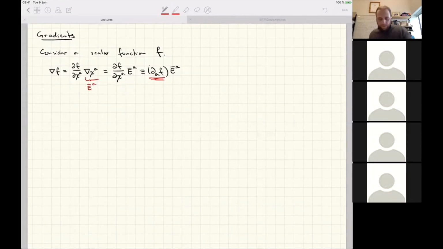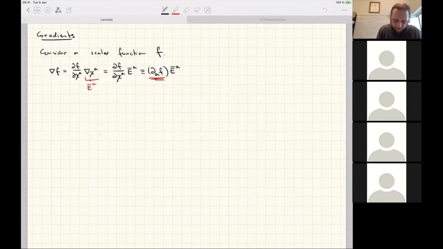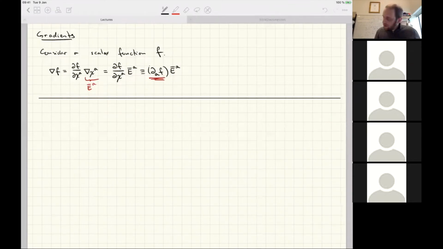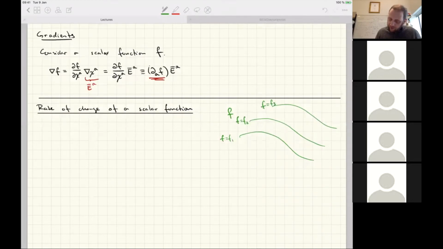Now we can use this in the following way. If we want to know the rate of change of a scalar function, so we have some scalar function f, and I'm going to draw some level curves of f here. So this is f equals f1, f equals f2, f equals f3, and so on.